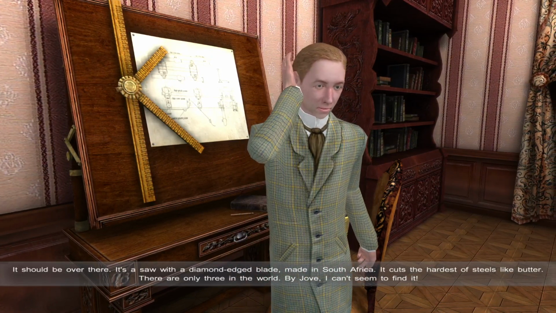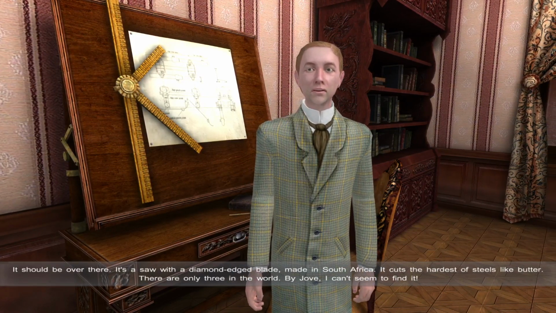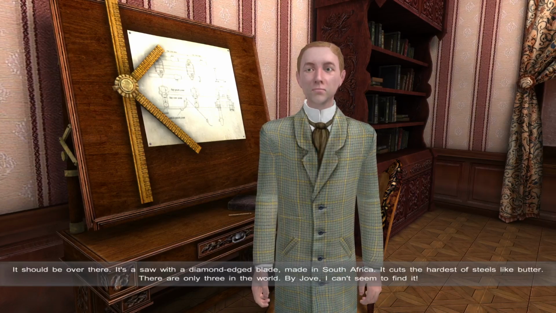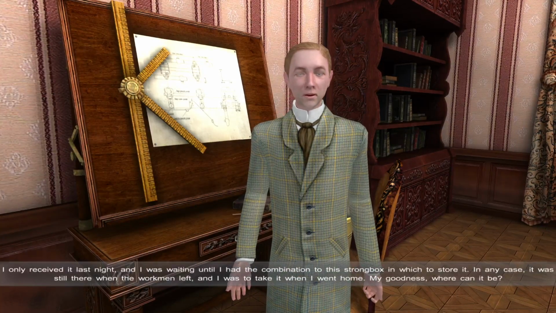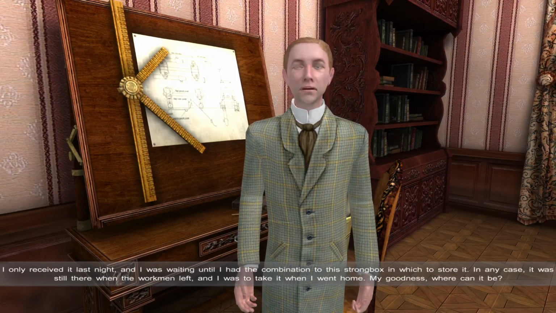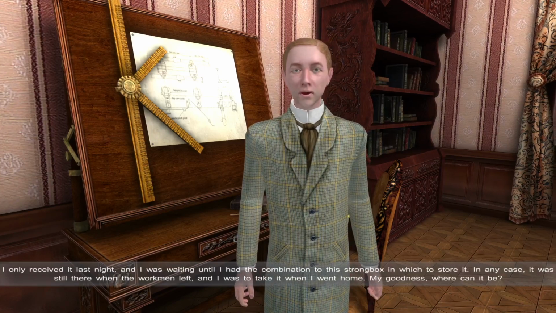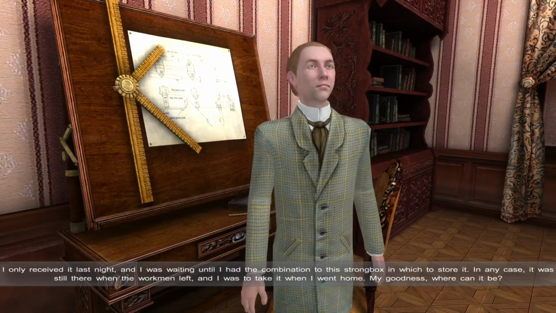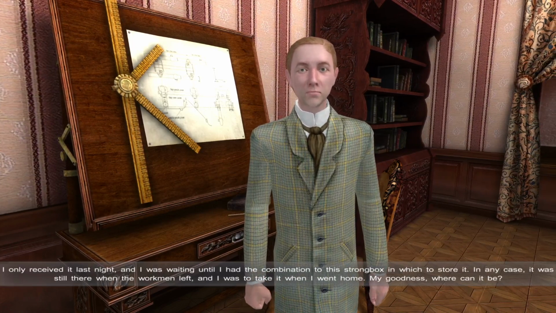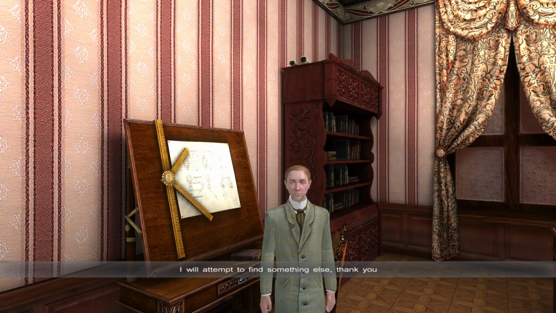It cuts the hardest of steels like butter. There are only 3 in the world. By Jove! I can't seem to find it. Was it prudent to leave it here for all to see? I only received it last night. I was waiting until I had a combination strongbox in which to store it. In any case, it was still there when the workmen left, and I was to take it when I went home. My goodness, where could it be? All right, I will attempt to find something else. Thank you. Goodbye.